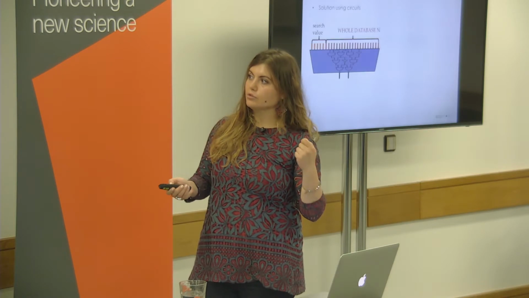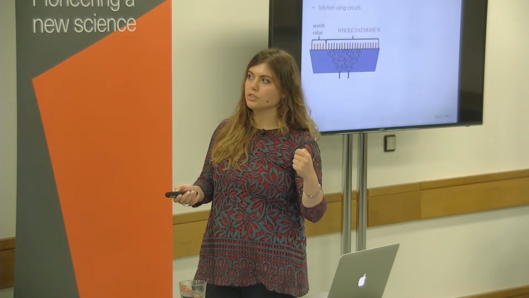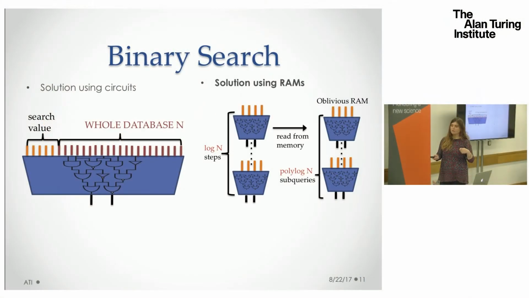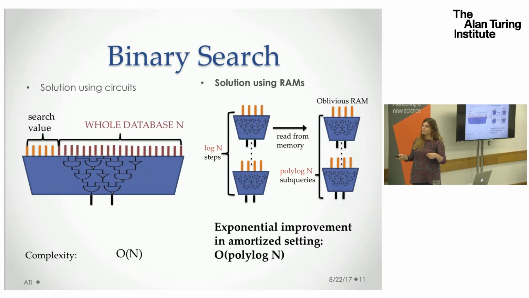If we go back to our binary search example, if we use the circuit that takes the whole database versus a protocol that executes log-n lookups for the binary search, and then each of the lookups in memory is executed using this Oblivious RAM protocol, we end up on one side with linear complexity in the size of the database, and in the other one, we obtain exponential improvement in the complexity, and we just get a polylogarithmic complexity for the execution.